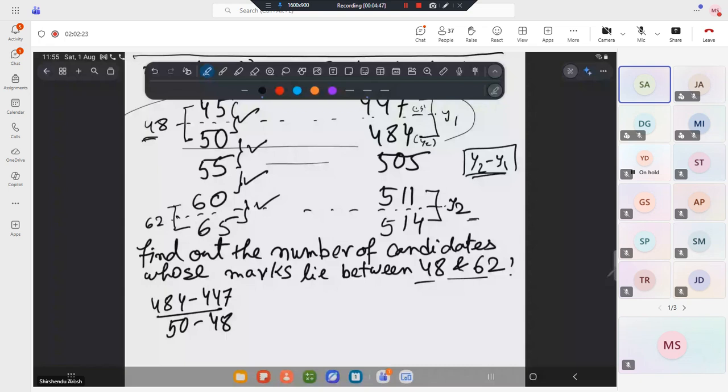That is the slope. Now I'll use the same formula, and now y2 will change. Now y2 will become my unknown value, that is y1, minus the lower cumulative frequency, that is 447, and corresponding lower class boundary is 48 minus 45.